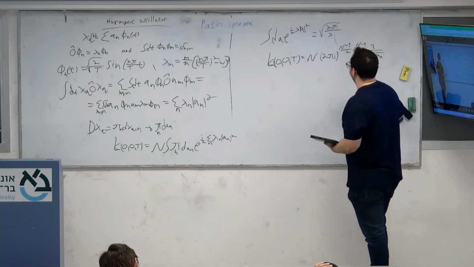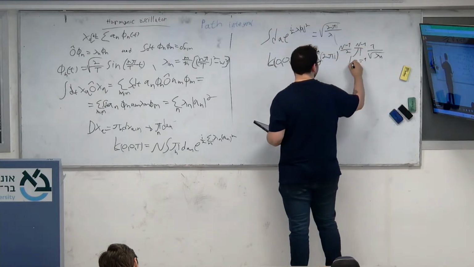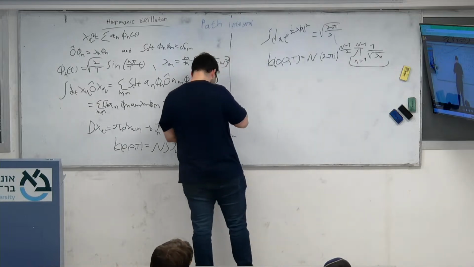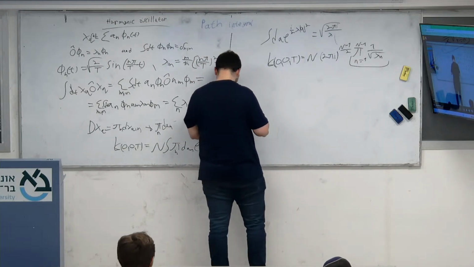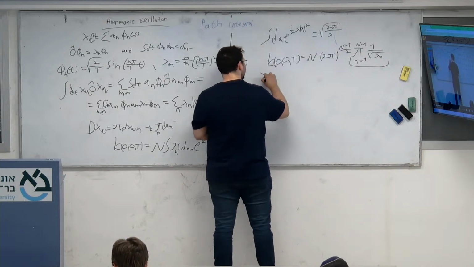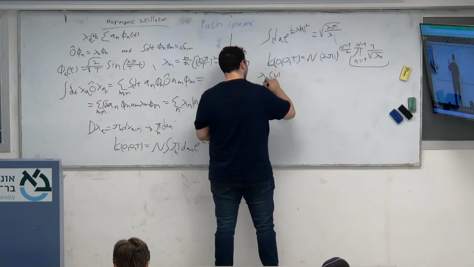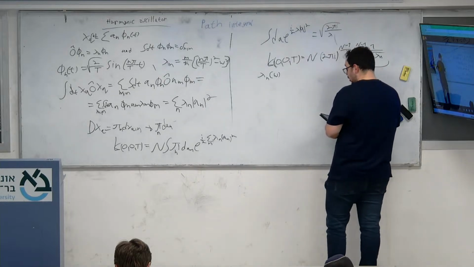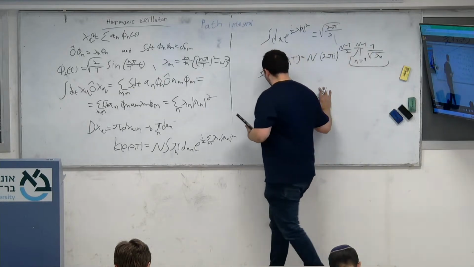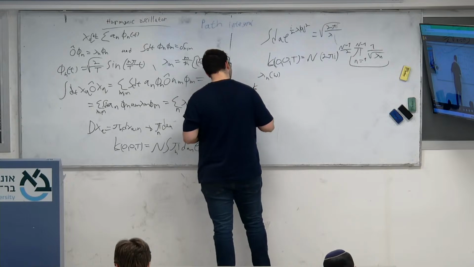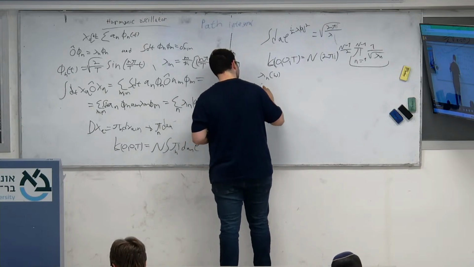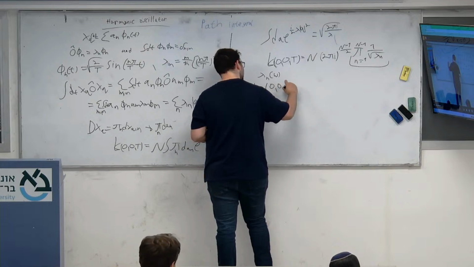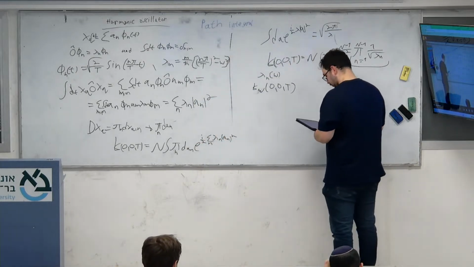Okay, fine. Now we just need to evaluate this part. We know that lambda n is some function n of omega, so we can write k of omega 0, 0, t.